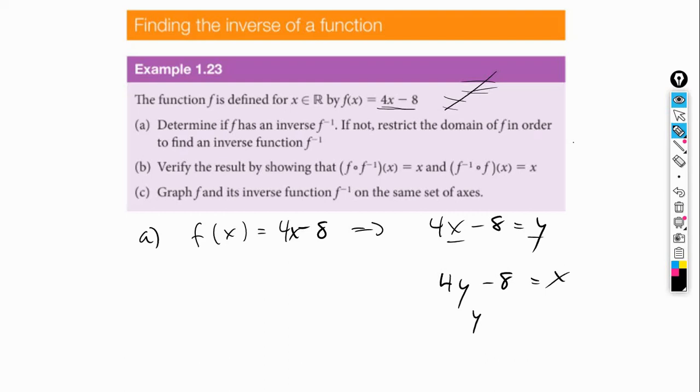So we're going to get that y is equal to (x plus 8) over 4. So this would be the inverse function of f. Notice that this is not pronounced f to the minus 1, because f to the minus 1 is 1 over f. So this is not how you say this. This is just called the inverse function.